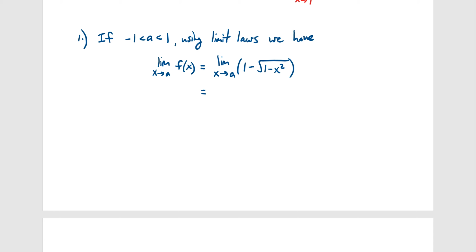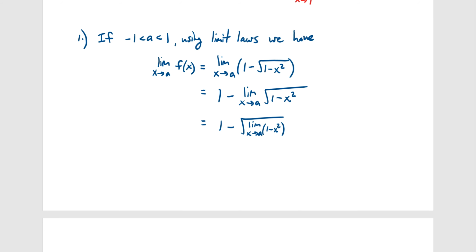Using the limit laws, we know that we can rewrite this as 1 minus the limit as x approaches a of the square root of 1 minus x squared. And then going one step further, we can put the limit underneath the square root. So this is just using limit laws from a previous section.